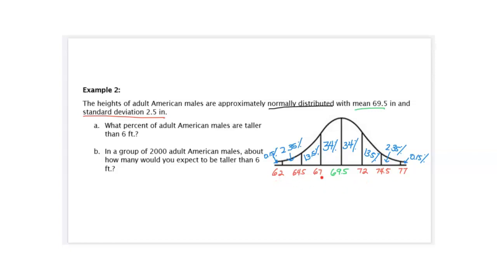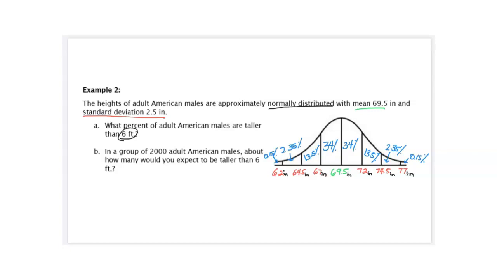These numbers are way bigger than 6. You must remember that each of these labelings are in inches. And because they're in inches and we're given a problem referring to feet, we're going to need to convert those feet into inches so that we know exactly where 6 feet would lie in terms of inches.